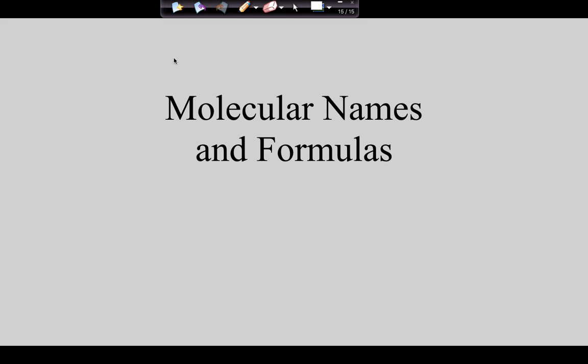Remember those small, strong atoms where neither one wins and they share in covalent bonding. Molecules are groups of nonmetals gathered together. And the way that we write their names and formulas is completely different from the way that we handle salts.